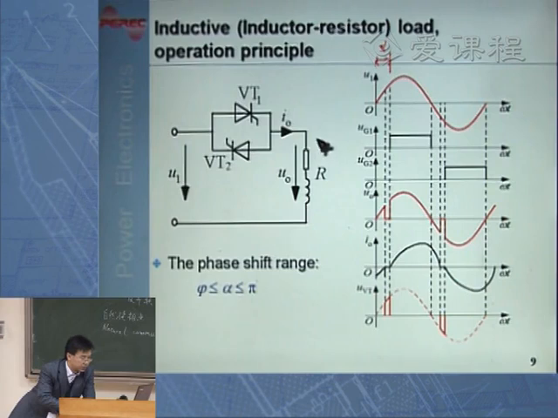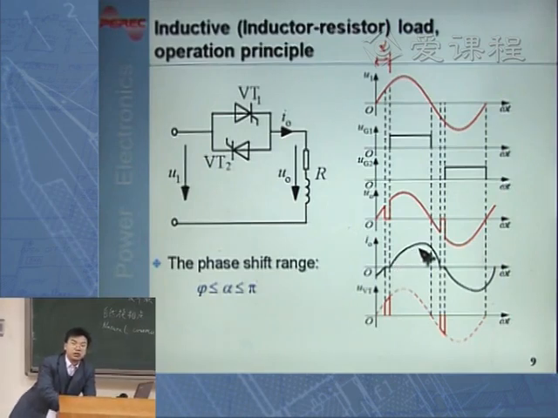So this side is positive, the lower side negative. Therefore you can imagine that the inductor current, the load current, is actually increasing because you are applying a positive voltage.